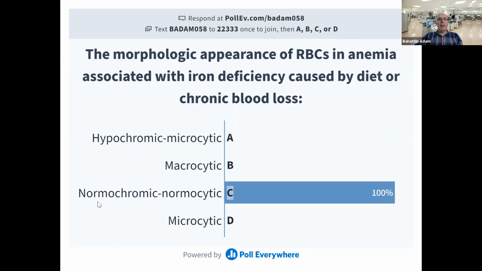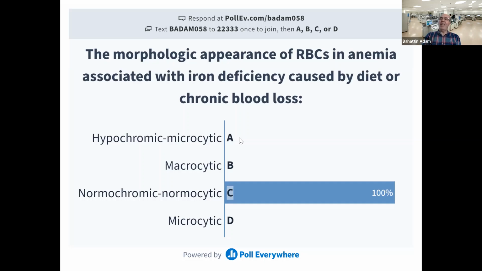Hypochromic microcytic is the correct answer. Keep in mind, iron deficiency means deficiency of hemoglobin. Deficiency of hemoglobin means the size of the erythrocytes is smaller because you don't have enough hemoglobin to put in erythrocytes.